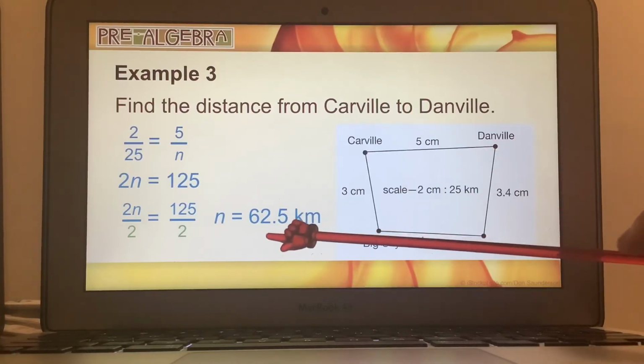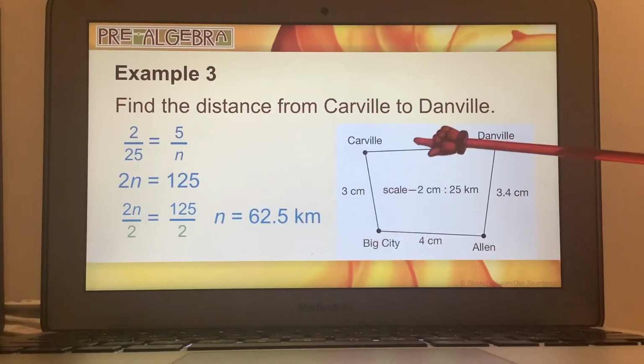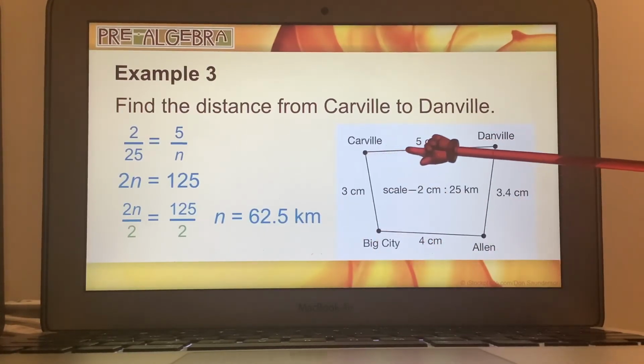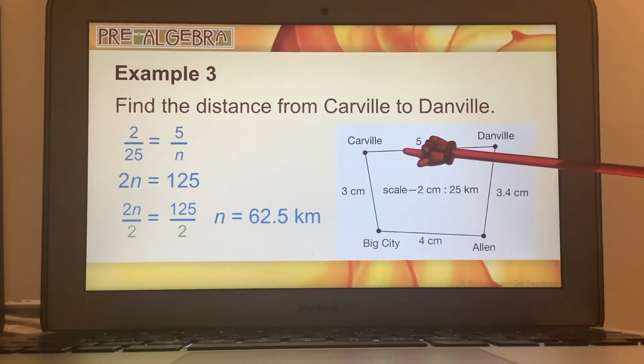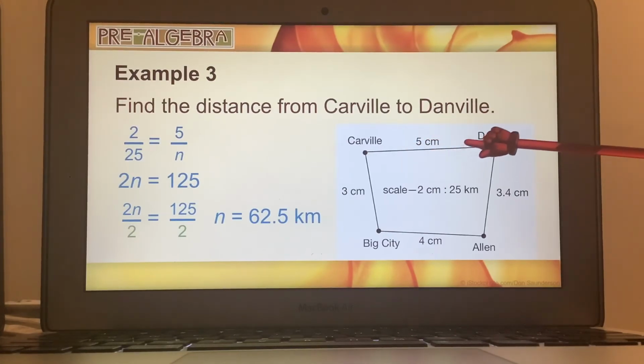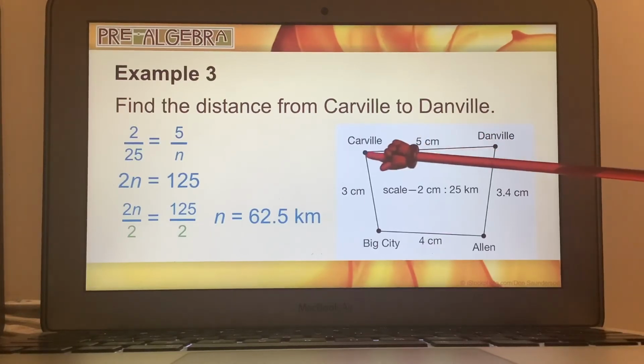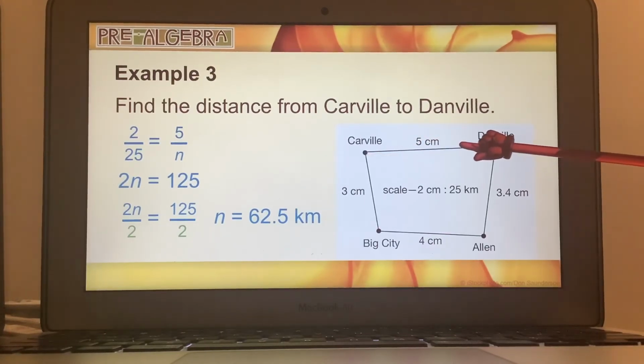So if my drawing has Carville to Danville measuring 5 centimeters, then the actual distance is 62.5. If you think about it, here, 2 centimeters, approximately right there, that's 25 kilometers. And then approximately another 2 centimeters here, that's 25 kilometers also. So I have 25 plus 25, and then we have half a centimeter here, and that's going to be 12.5.